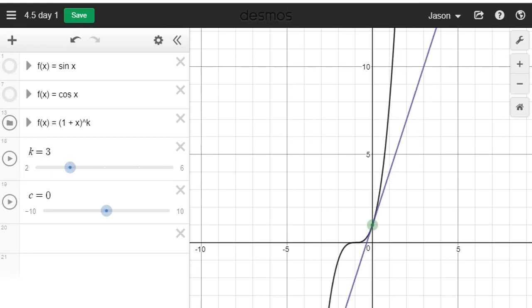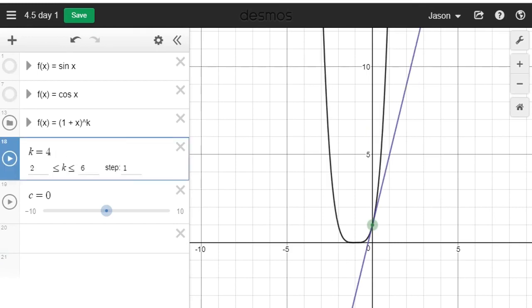If we move that to 3, notice that our linearization still has a plus 1, it still has a y-intercept of 1, but now our slope is 3, and you can see that pretty clearly from the graph. If we move it to 4, it still has a y-intercept of 1, but the slope is 4. So that k is obviously dependent. The k then dictates what the slope of our linearization is.